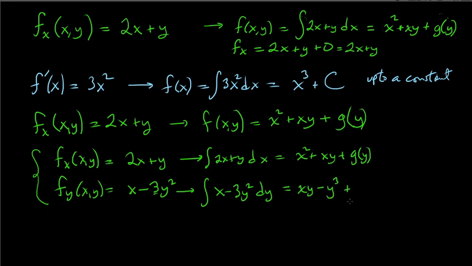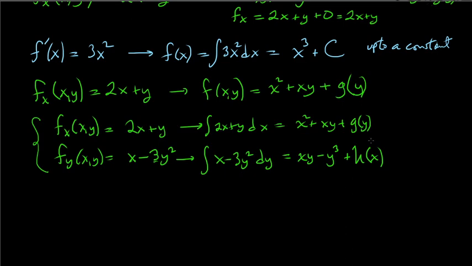But now you should realize that you can add any function of x. As long as it just depends on x, when you take the y partial of it, you get 0. So this could be any function of x. I'll call it h of x.